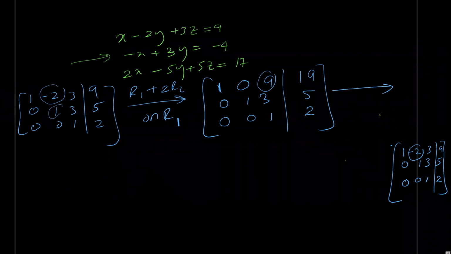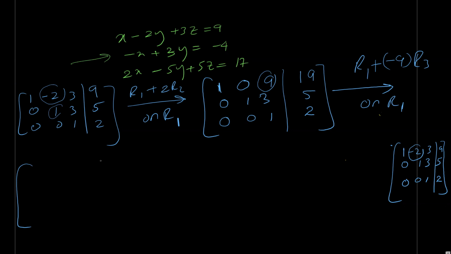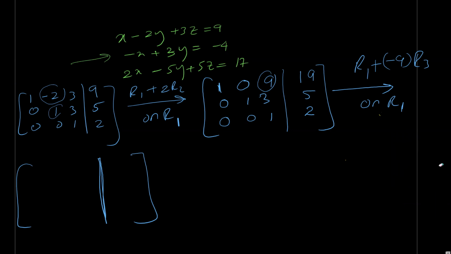What if I do this? So R1 plus negative 9 times R3 on R1. Again guys, we can do more than one operation in the same augmented system. I'll do it in my next video, since this is the first example with 3 by 3. Let's take one operation at a time.